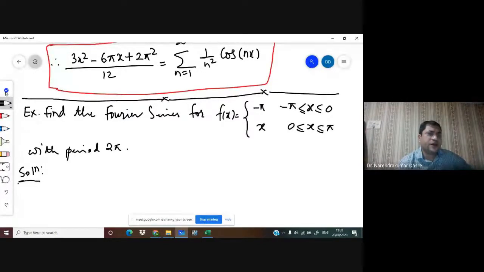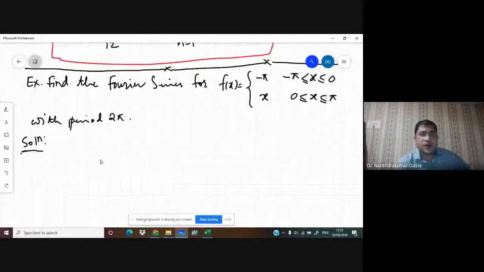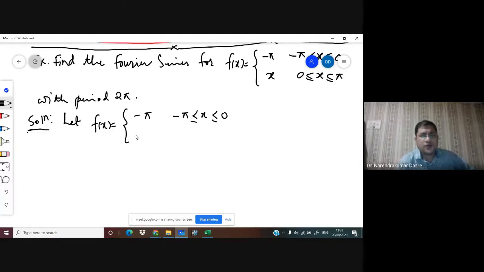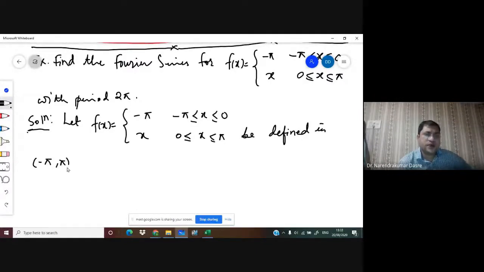So first we need to understand the function properly. So what is given, f of x is equal to, this is minus pi less than or equal to x less than or equal to 0, and this is x, 0 less than or equal to x less than or equal to pi, defined in minus pi to pi with period.